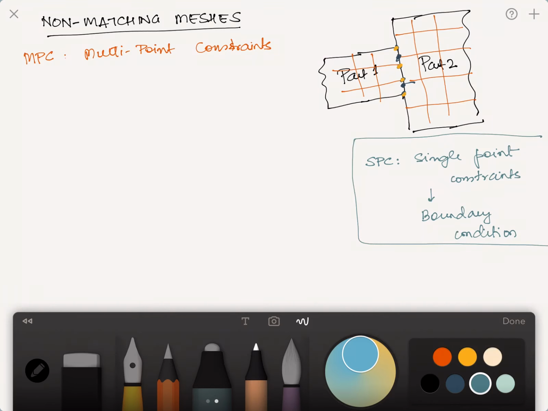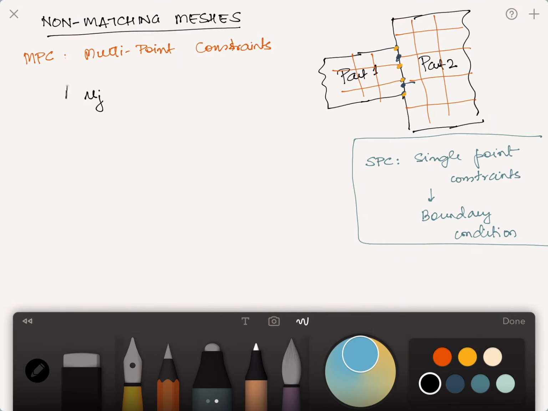MPC is a multi-point constraint. It's a very interesting situation, a very interesting problem, and that's the reason why we should really spend more time on it. The basic principle of multi-point constraints is that we have a set of displacement degrees of freedom, let's say they are u_j. They are the number of displacements in a system, and they have some weight function or constant associated with the displacement at every point.